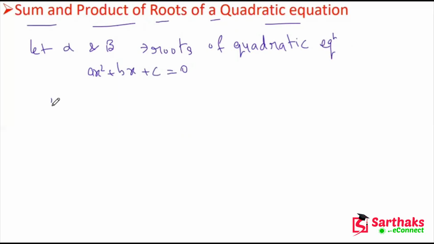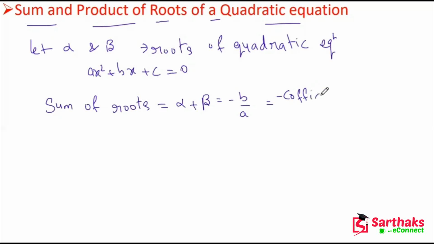Now the sum of roots is alpha plus beta, which is equal to minus b upon a, that is, minus the coefficient of x divided by the coefficient of x square. I hope you get this point.